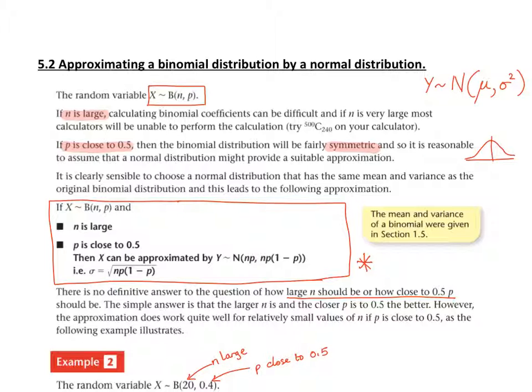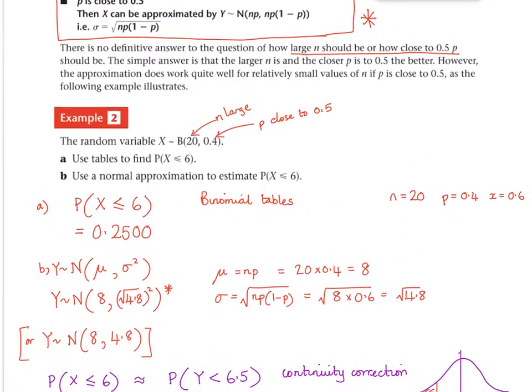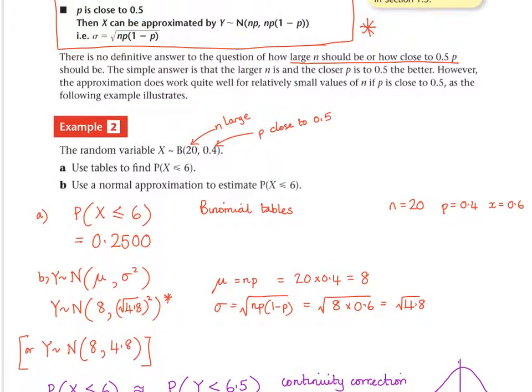Moving on, we did the example, and we saw the conditions that we actually need for approximating the binomial to the normal, and that means that n should be large and p very close to 0.5, and that's what we saw with these figures here.